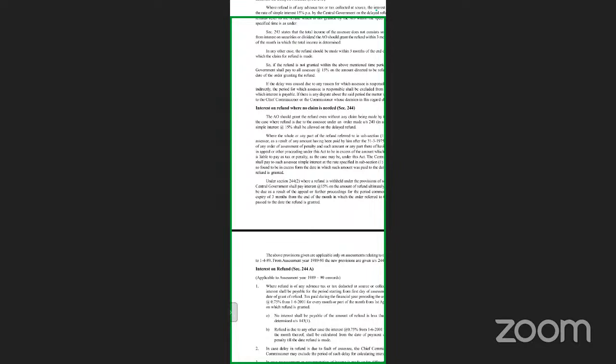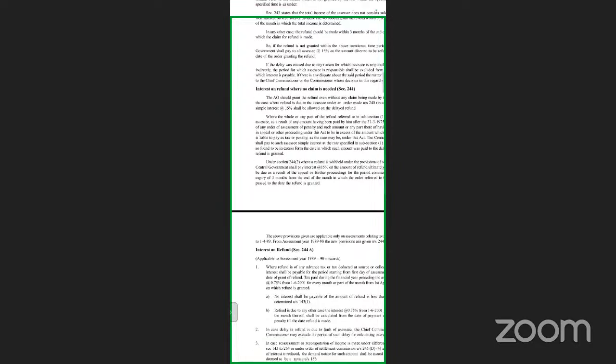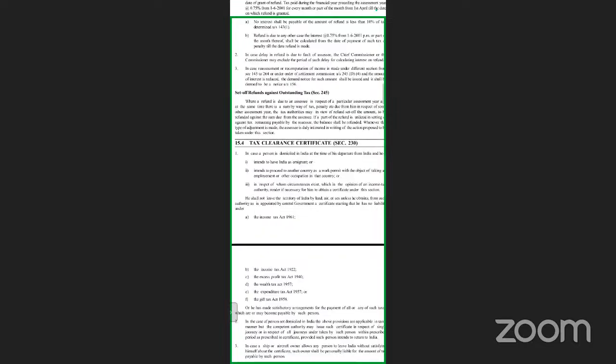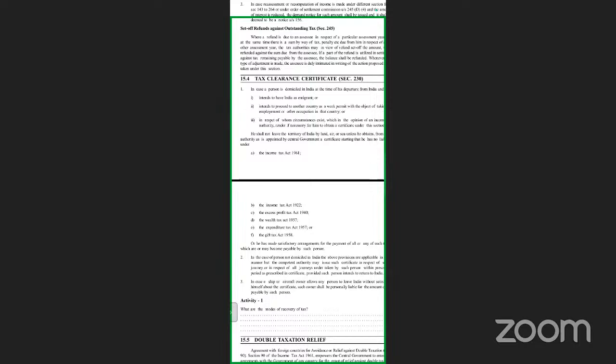Interest on refund: if the refund is not paid immediately, interest can be charged and the assessing officer has to pay the interest on that. In case a person in India is moving abroad, he takes a tax clearance certificate.